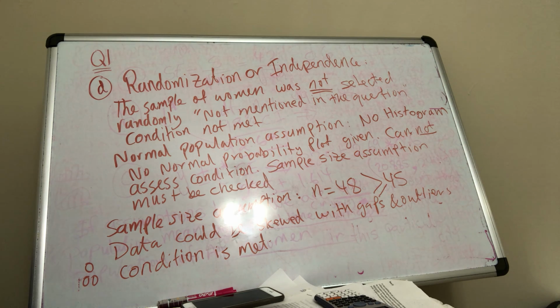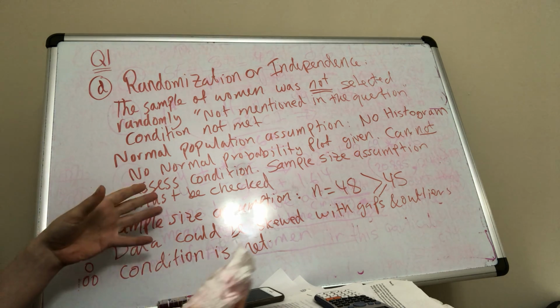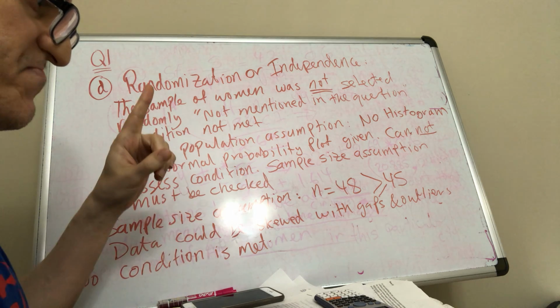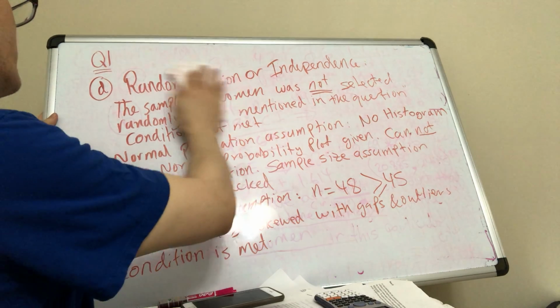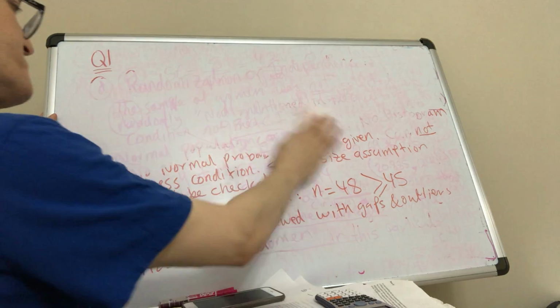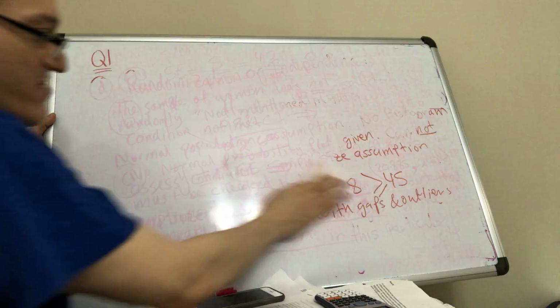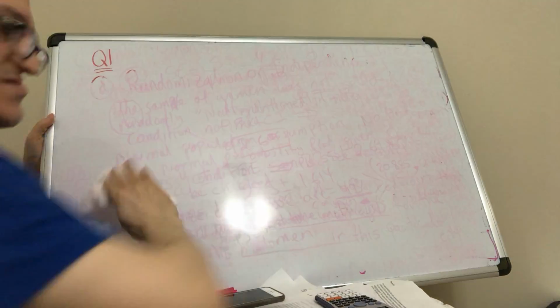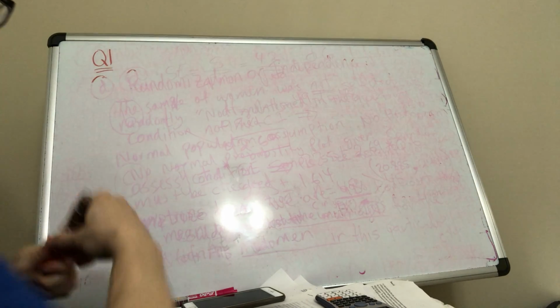Now, in each chapter, it is possible to ask you the question, confidence interval, like this one. It's also possible that they ask you a hypothesis question. So in this chapter, which is one sample average or one mean, they could ask you the same question, hypothesis.